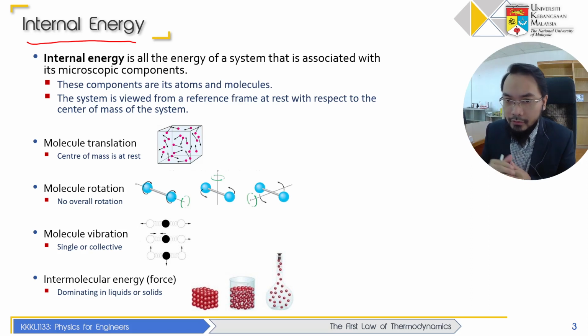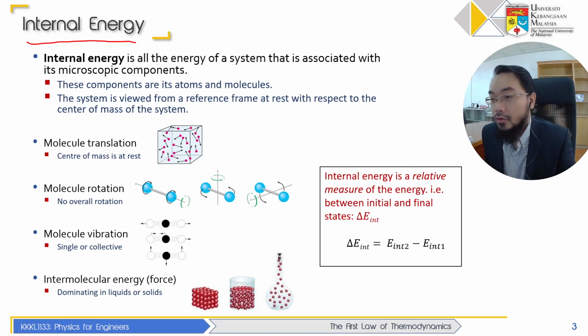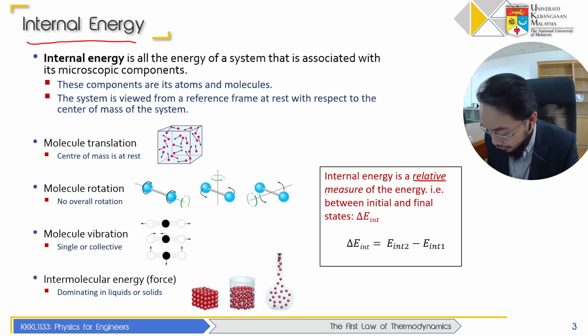So we know that microscopic energy of atoms and molecules consists of molecule translation, molecule rotation, molecule vibration, and intermolecular energy. All right. So one thing that we need to be clear about internal energy is internal energy is a relative measure. What does that mean?